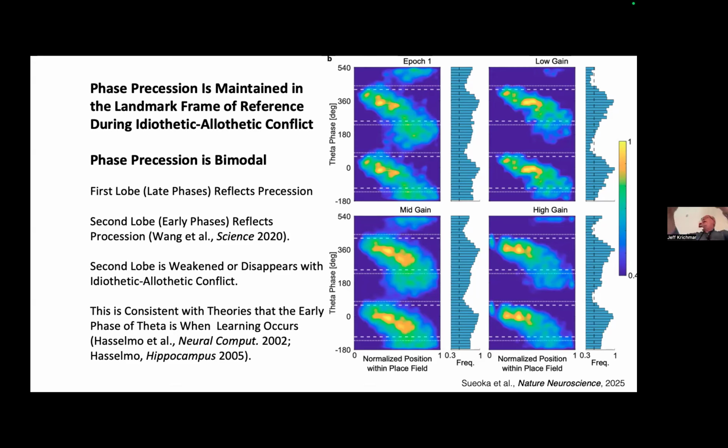Oops, now I move this fast and I'm moving further. It's learning this new relationship between its movement through the world and how that reflects the landmarks. And we think that, according to Hasselmo's modeling, shutting down the spiking activity in this learning part of the theta cycle is necessary to prevent interference with old memories when you're storing new ones.